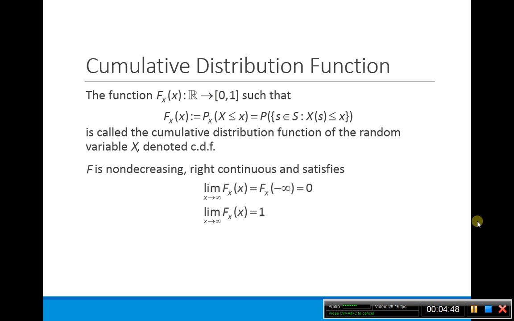Lots of times that sub x is left out, and it's just understood that it is associated with the random variable capital X. So this cumulative distribution function, or c.d.f., is non-decreasing and right continuous. And basically, if you look at the probability as x goes to negative infinity, this should be 0. And as we go to positive infinity, this should be 1.